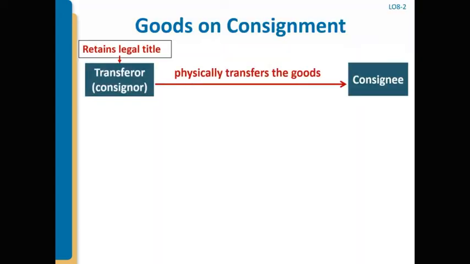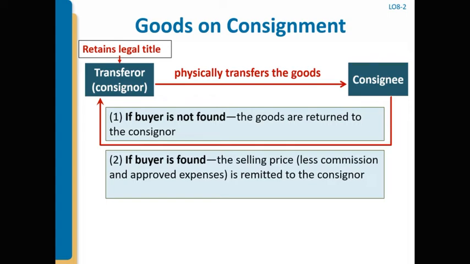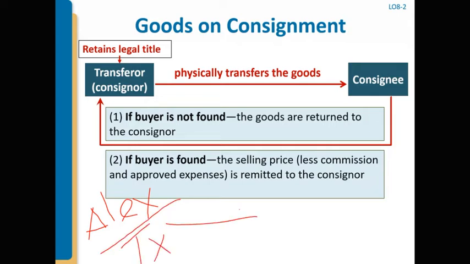And goods on consignment, this is another thing that we need to be careful about. In our class we have discussed that suppose Mr. Alex is producing something and he is in Texas and he wants to sell those items in Albuquerque.